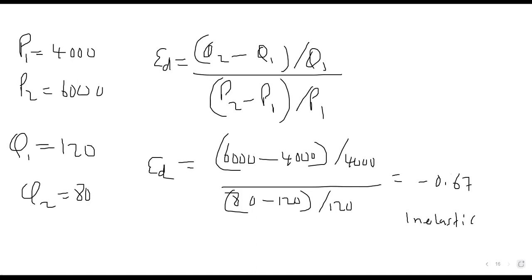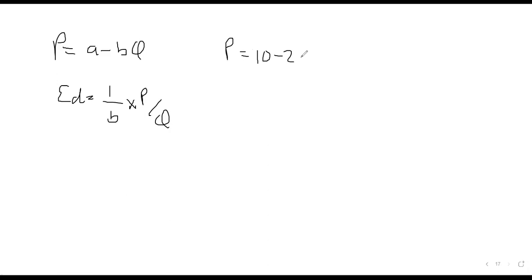So we can also calculate elasticity of demand using the demand function. If you have demand given by P = A minus BQ, elasticity of demand is simply given by 1 over B times price over quantity. The B is a slope. So in the case that we're given a function like 10 minus 2Q, and we're given Q as 1, you put Q as 1 there, our price will be 10 minus 2, meaning our price here will be what? 8.